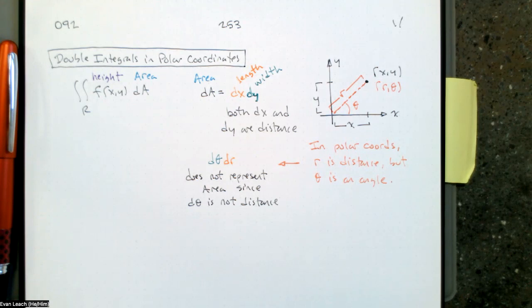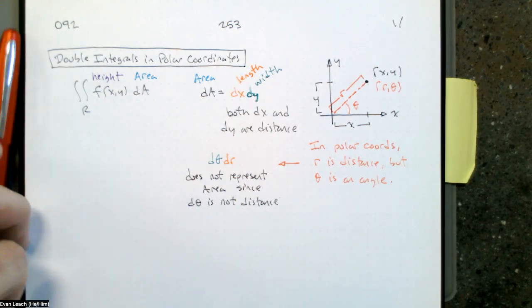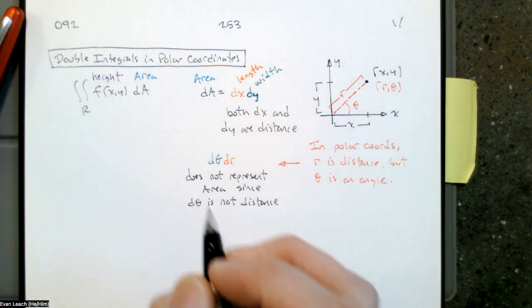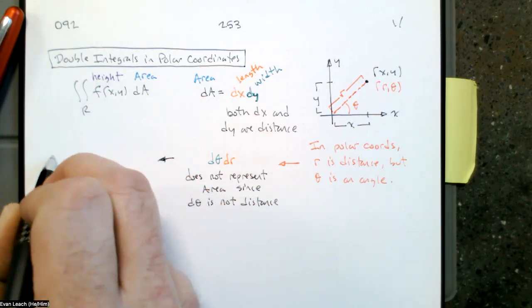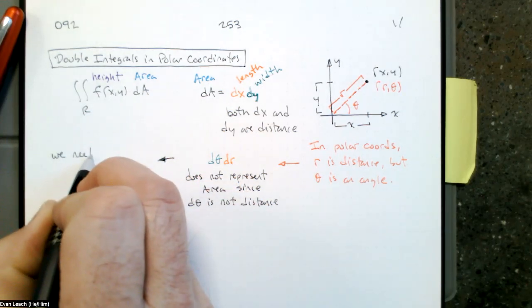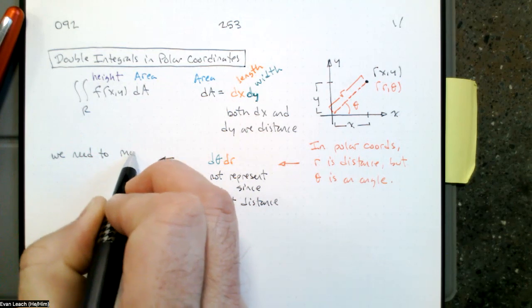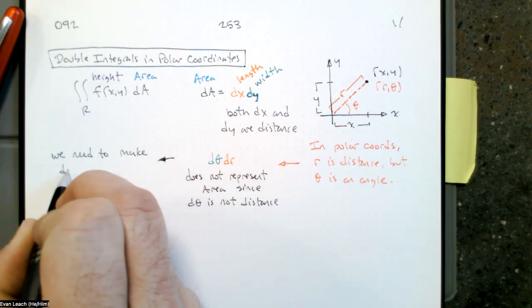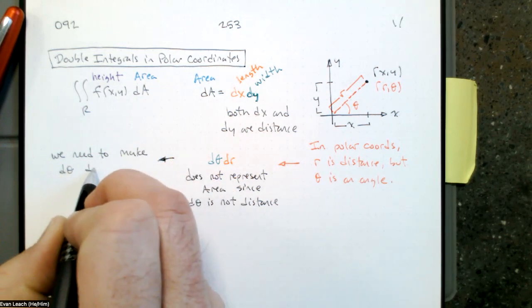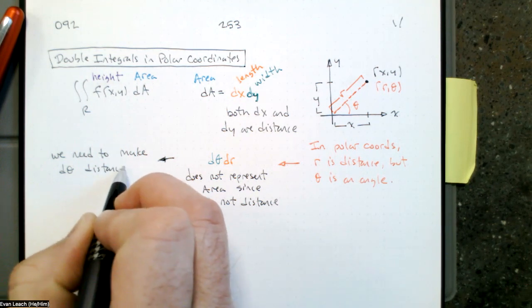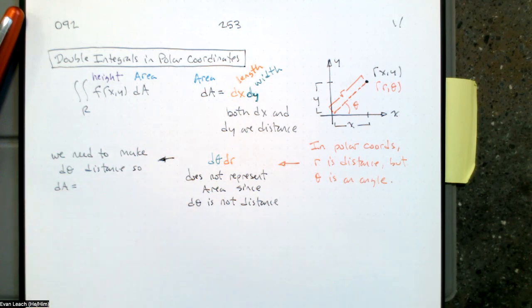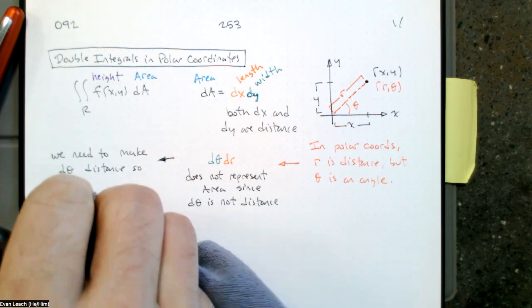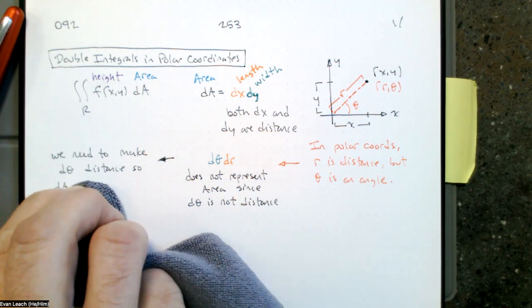We need to write this in such a way that d theta is distance. So we need to make d theta distance so that dA can be area.